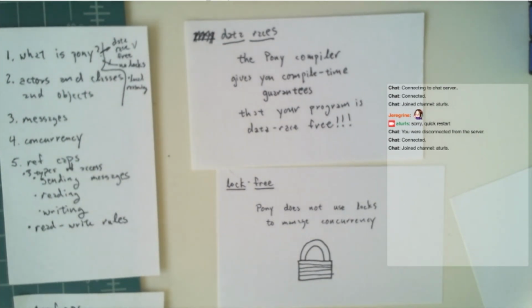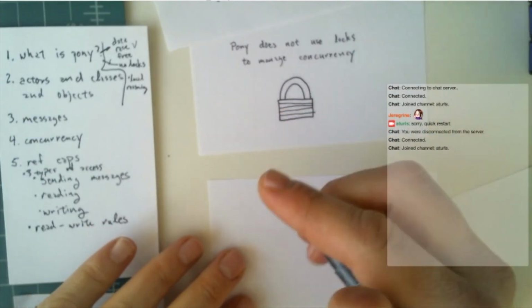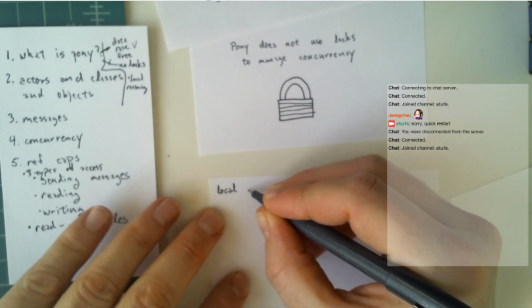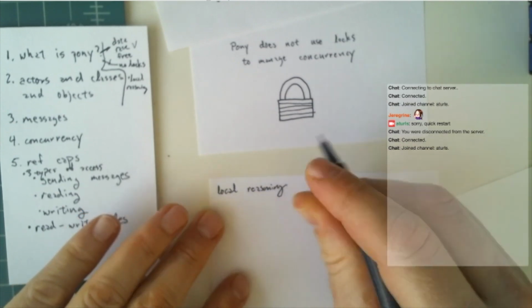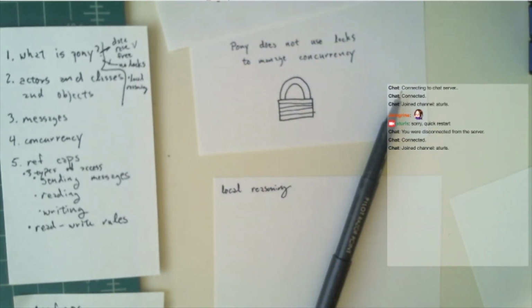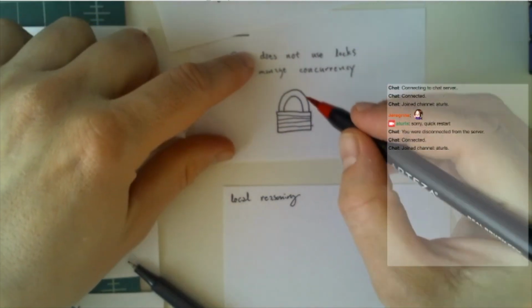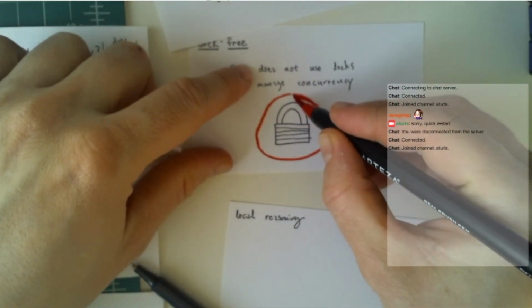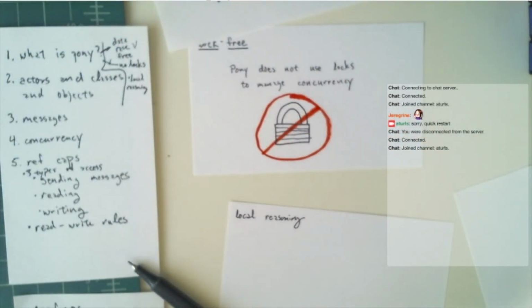And then we can say something like local reasoning. Oh, since that's data race free, I was going to cross that lock out. I've got this nice brush pen here. I can do something cool like that. Very, very bold and bright.